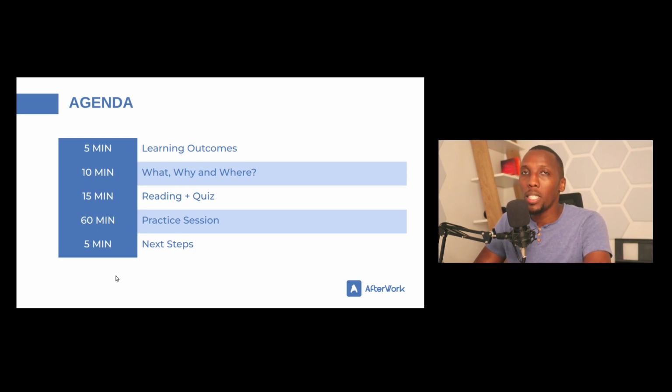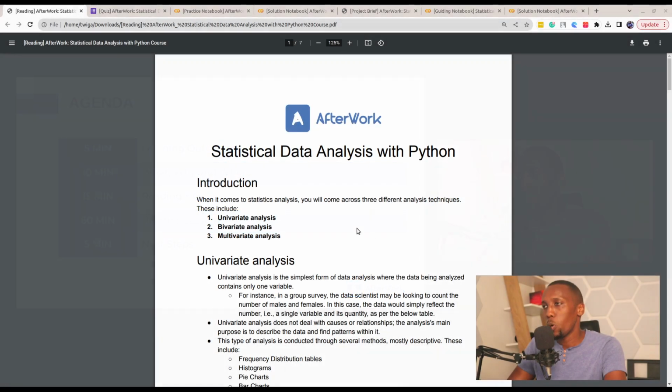Once we have completed that section, we'll go into another section where we will go through a reading and a quiz. And the reading will look much more like this. This is a reading for this particular course, and it will provide you with in-depth details about the concepts that we will have gone through in the overview section, where we talk about what, why and where we can use those concepts.